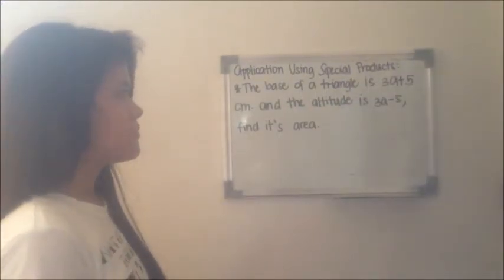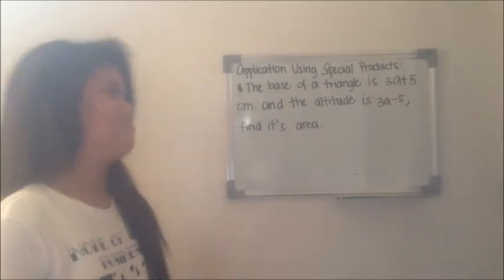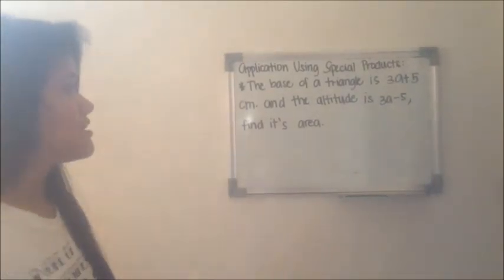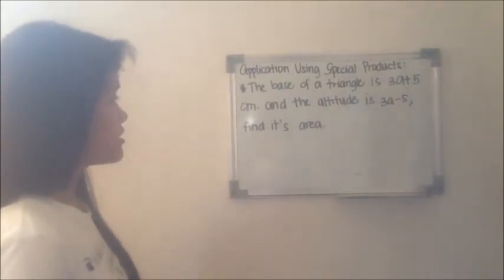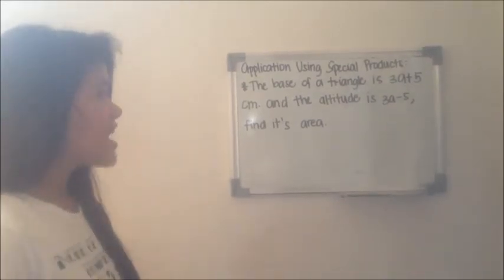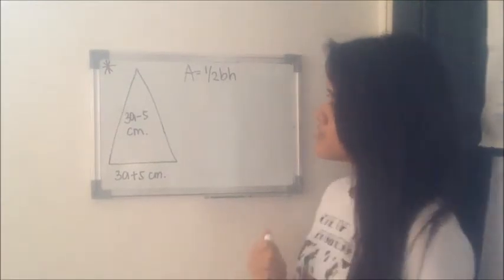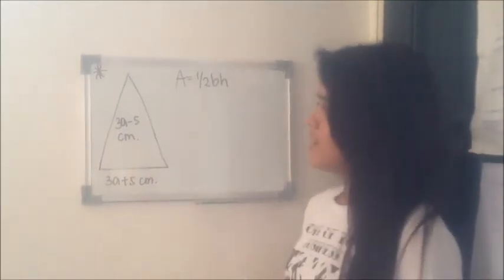Application using special products. Now let's use special products in a word problem. The base of a triangle is 3a plus 5 centimeters and the altitude is 3a minus 5 centimeters. Find its area. In solving such problems, let's use a figure to make the problem a lot easier.